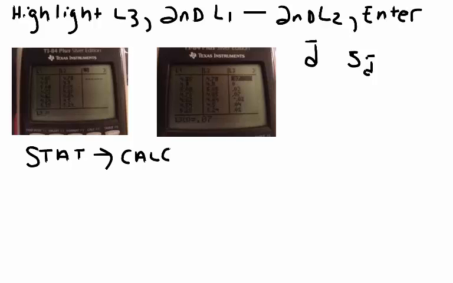Now if we like, we can look at the summary statistics for L3 if we wish to identify the mean and standard deviation, D bar and S of D, our mean of the differences and our standard deviation of the differences. We'll do this by hitting our Stat button, and then we'll arrow right to Calc, and we'll select option 1, 1-Var Stats.